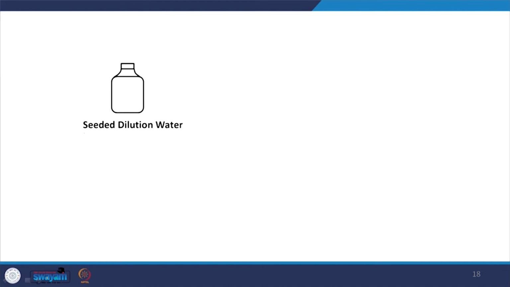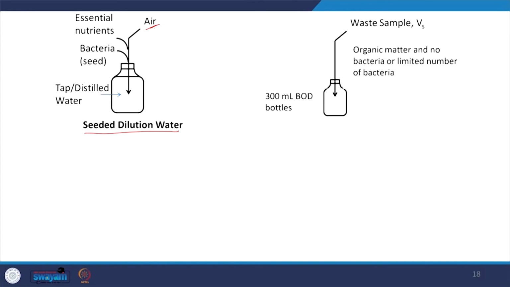As I mentioned, what are we going to do? Seeded dilution water, we are going to purge it with air and then add the bacteria and the nutrients, and in the meantime we are going to choose a particular sample volume based on the estimated BOD and put it into our particular BOD bottle of 300 ml.